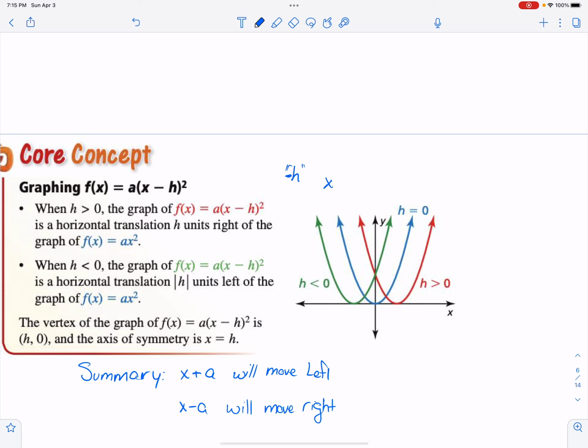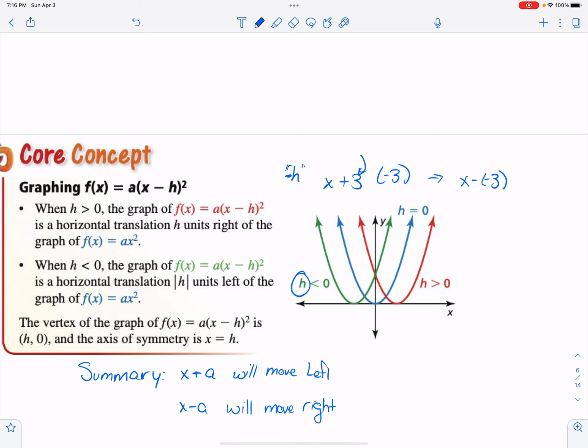you are going to see something that looks like this. My value here that I plugged in is -3, because when I write in vertex form, there's an implied negative that's already there. So when I see a plus sign, it's actually going to move your function left. When you see a minus sign, it's actually going to move your function right.